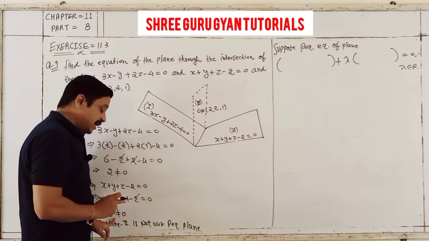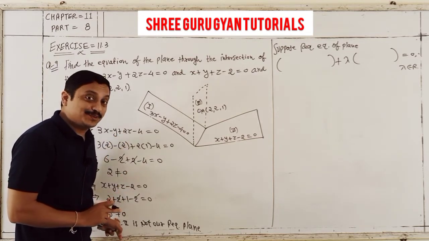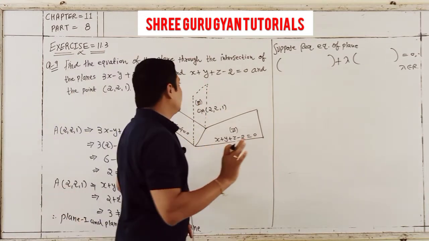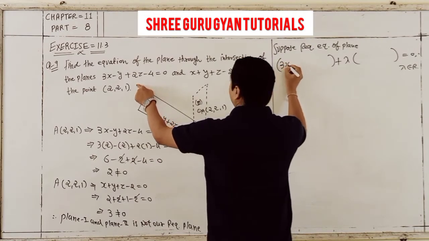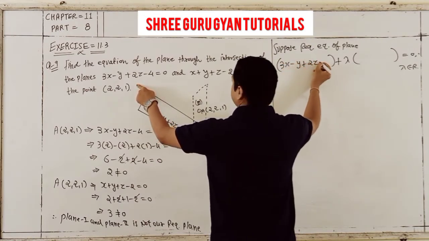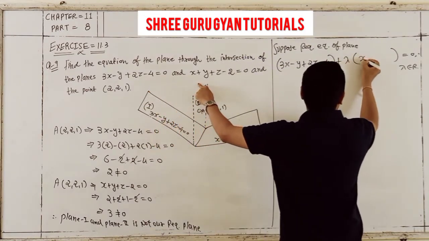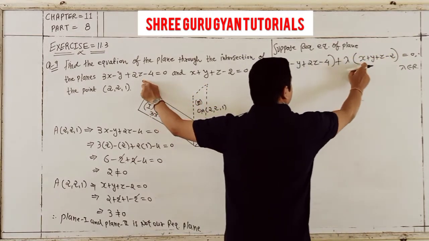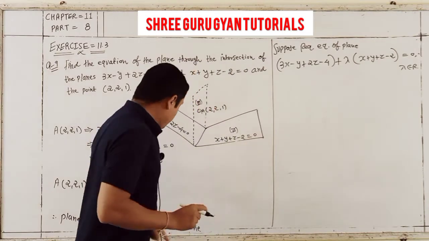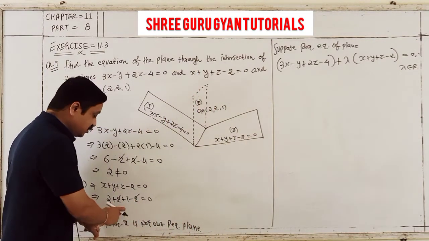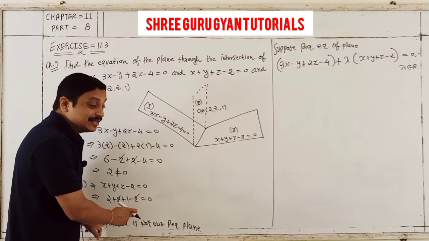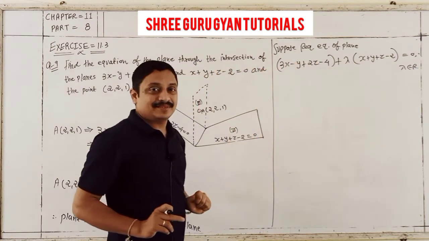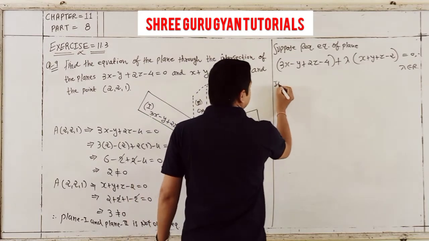If the point also satisfies plane 2, then you don't write the lambda with it. If you get 0 equals 0, then you cannot write lambda with plane 2. Here both do not satisfy, therefore my third plane is in this way, and you write lambda here. Now this is your answer.